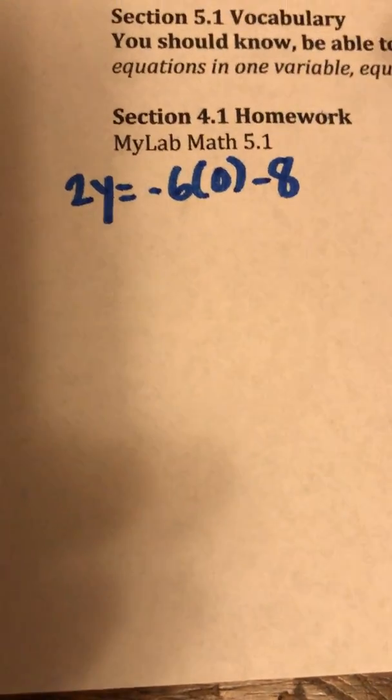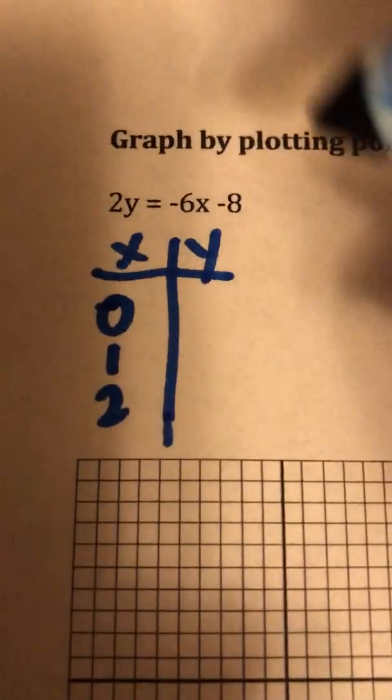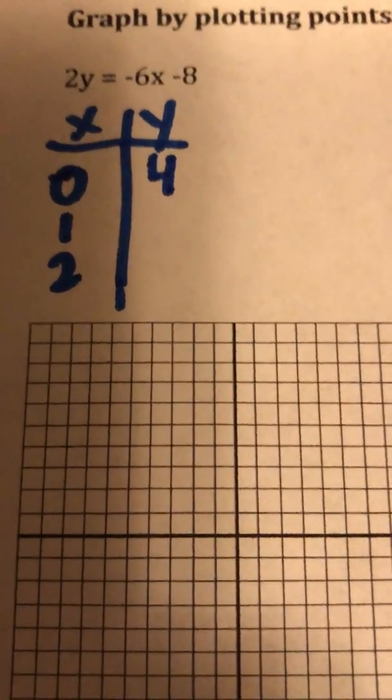The first x value that we have is 0. So we're plugging 0 in for the x. Now we have 2y equals negative 8. Divide by 2. And y equals negative 4. So in our table here, x was 0, y was negative 4.